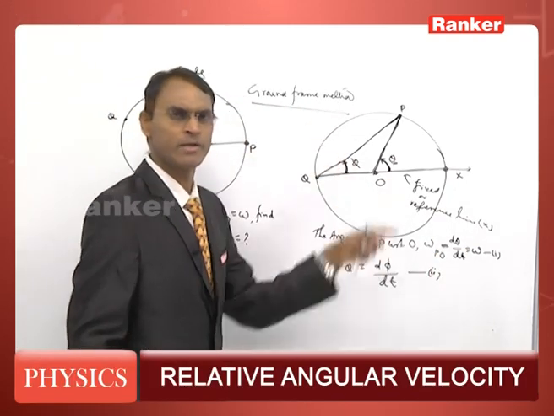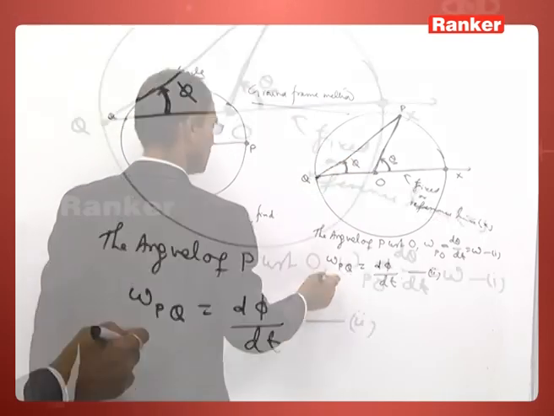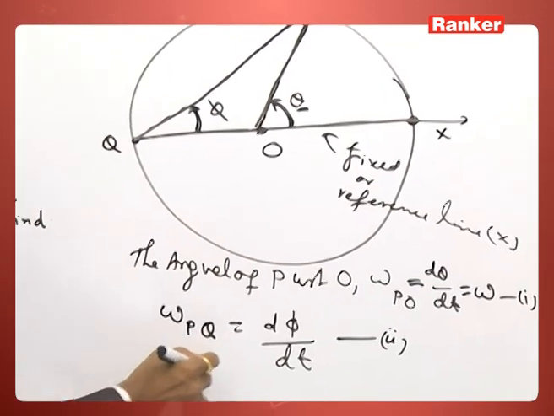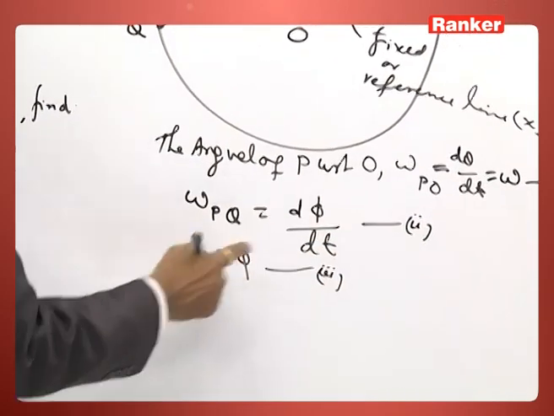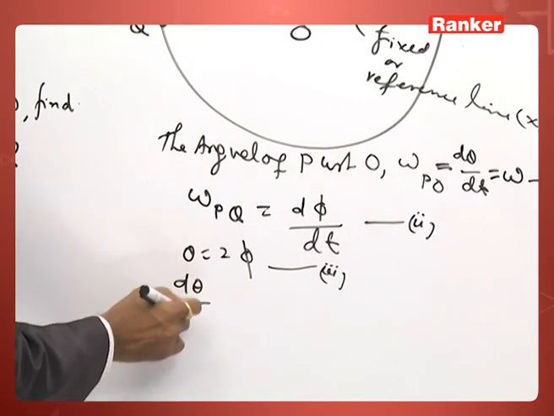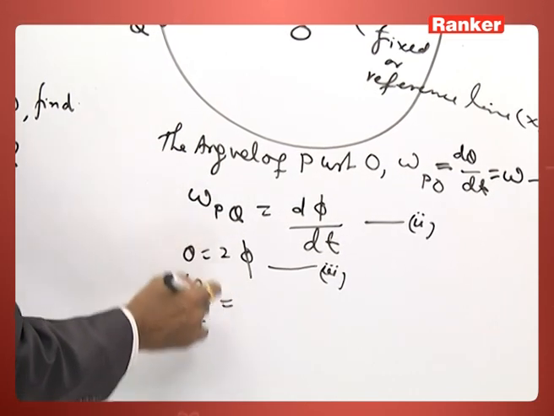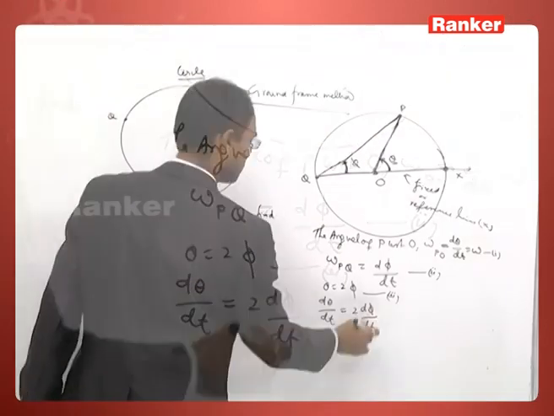By simple geometry, we understand that theta is equal to 2 phi. If you differentiate both sides with respect to time, we get d theta by dt is equal to twice of d phi by dt.